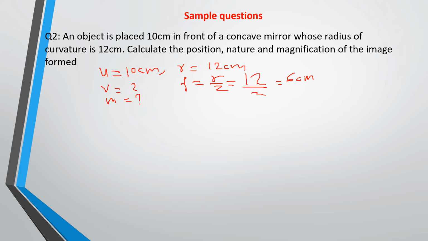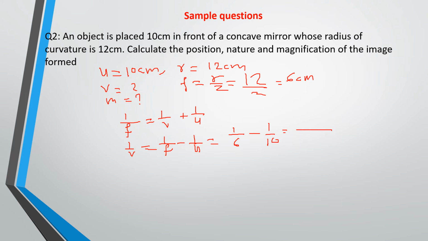So from the mirror formula we have that 1 over f is equal to 1 over v plus 1 over u. We are looking for v. So just like the way we did in the previous case, 1 over v equals 1 over f minus 1 over u. Substitute into this equation: you have 1 over 6 minus 1 over the object distance, which is 10.